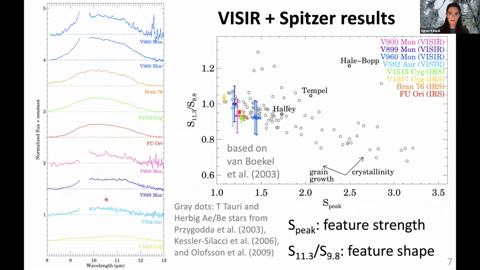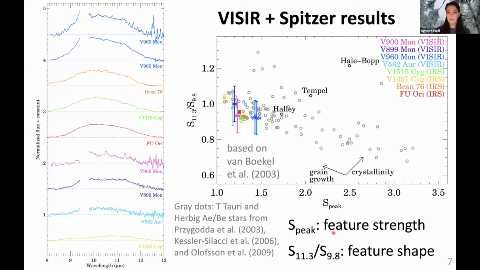So we can characterize the feature strength by measuring the S peak, which is the peak value of the feature. And we can also characterize the shape of the feature by dividing the continuum normalized value at 11.3 micron by the continuum normalized value at 9.8 micron.